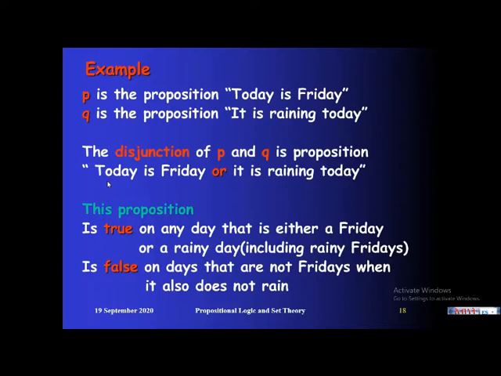One truth value, either true or false. So this proposition is true on any day that is either a Friday or a rainy day, including rainy Fridays, because true or true is also true. It is false on days that are not Friday, when it also does not rain. Am I clear, my students?